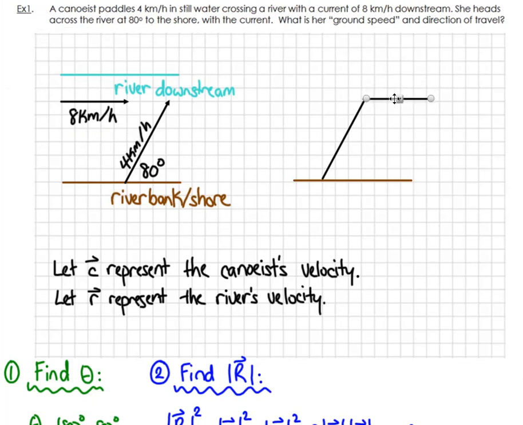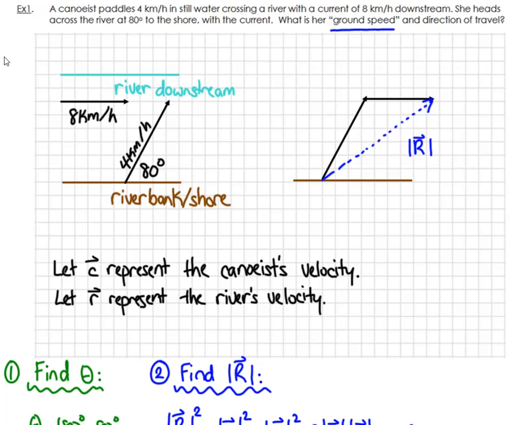So we're going to put this tip to tail and see what happens. It makes sense that if she would normally be going in that particular direction, but then is knocked down via the current, then she should be going more in this general direction. We're going to call that her ground speed, but we know that this is the resultant, right?